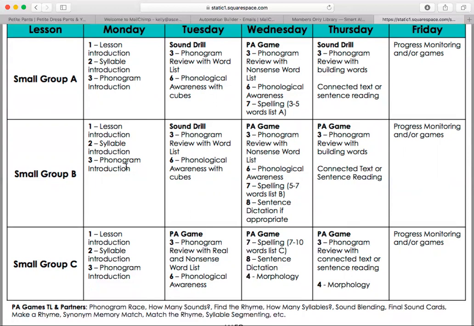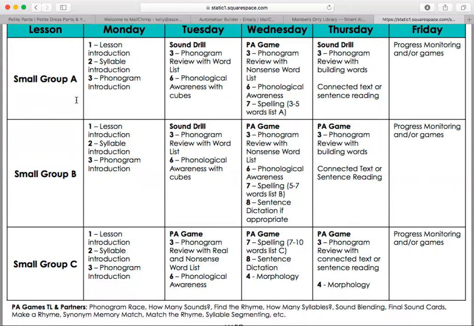When you see small group B again on Tuesday, you're going to do part of that lesson number 3 and number 6. Then when you see that same group on Wednesday, you're pulling out from that same lesson, you're doing activities 3 and 6 again. Then you're going to add in 7 and 8. Again, you're just using that same lesson plan.